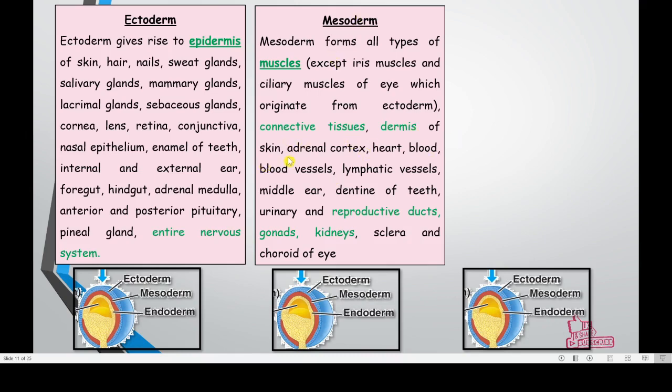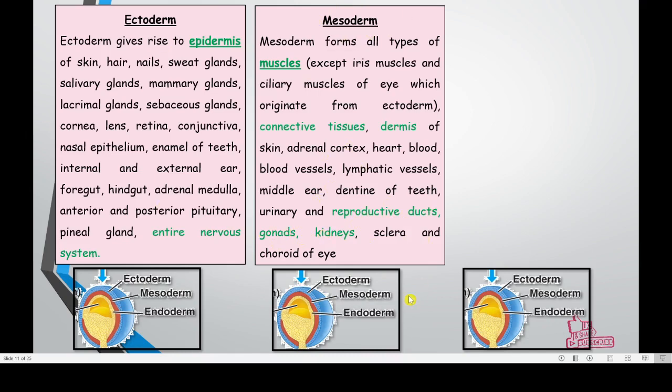Dermis of skin, that means the layer of skin, adrenal cortex, and heart are also because of the mesoderm. Blood vessels, lymphatic vessels, middle ear, dentine of the teeth, urinary and reproductive ducts, gonads, kidneys, sclera and choroid of the eye. Everything is contributed by the mesoderm. Reproductive ducts, whatever we have studied in our previous videos, gonads, sex organs and kidney, important things are given by the mesoderm as well.